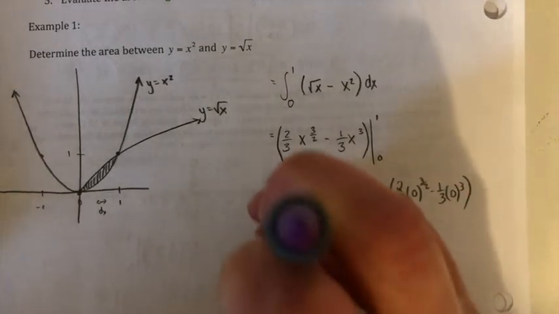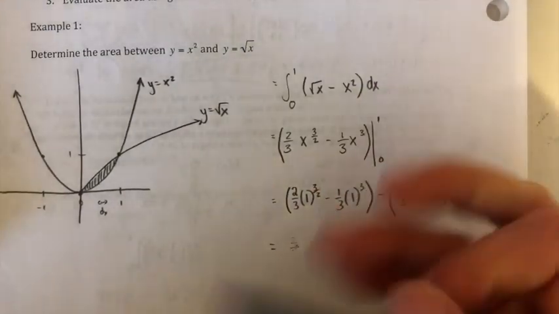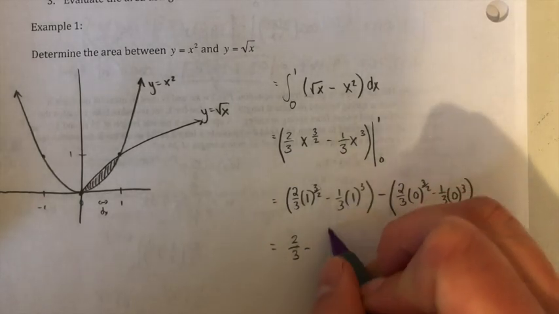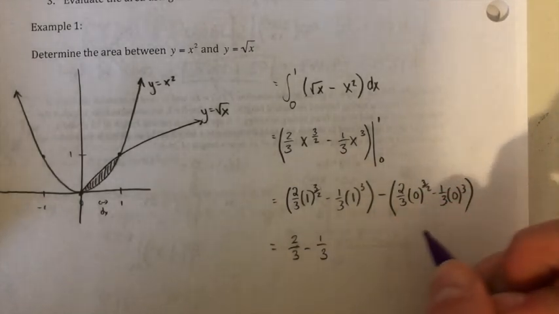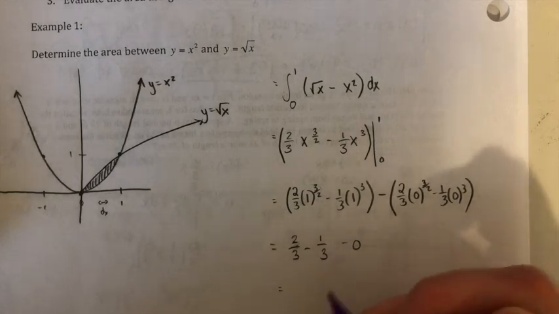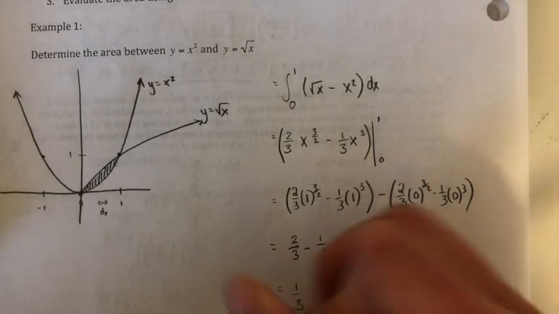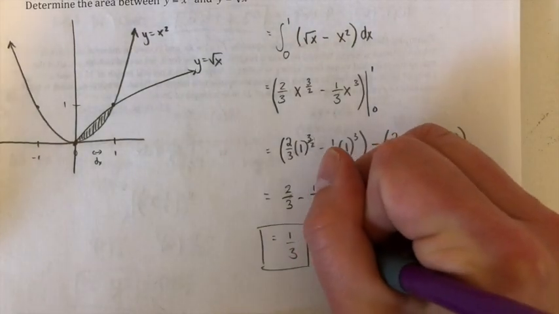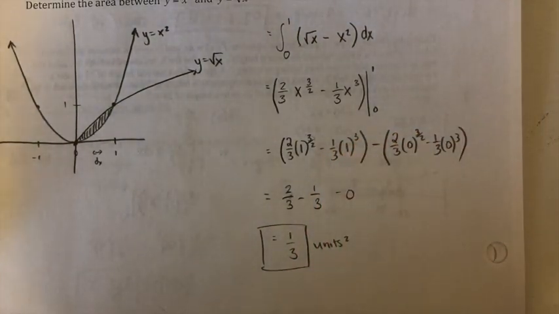Then 2/3 minus 1 cubed is 1, so this is 1/3, and then minus 0. So 2/3 minus 1/3 is 1/3. So we have 1/3 units squared of area in between those two lines.